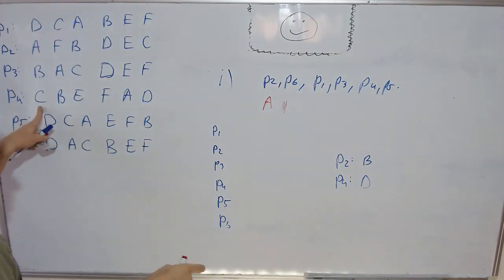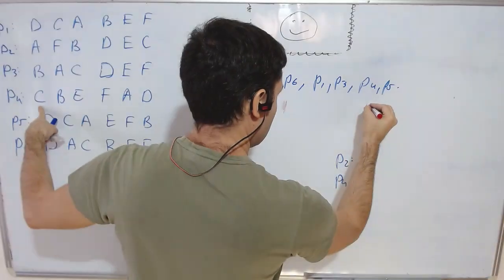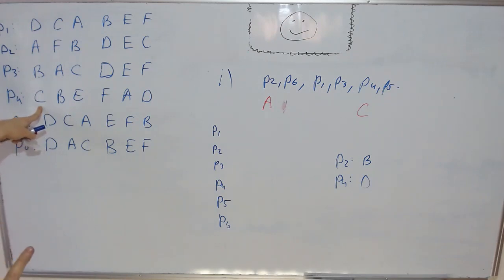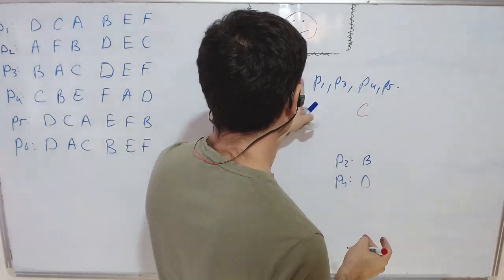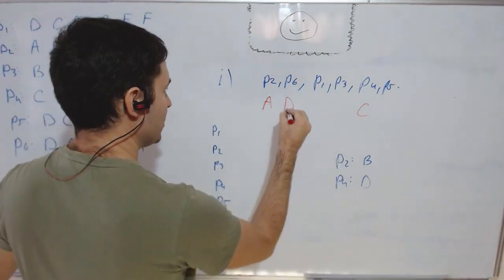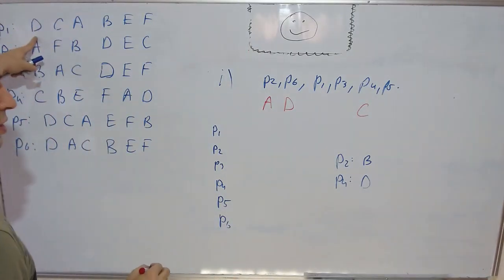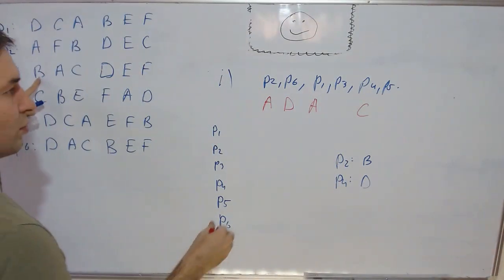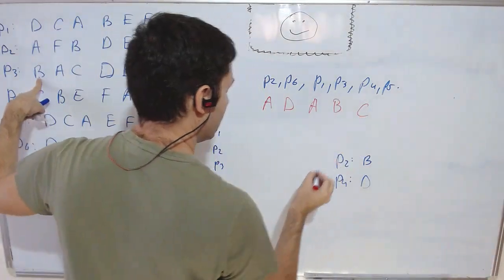So P4 wants C. So he gets C, and he vacates D. So now P4 goes in front of P6. So now P6 goes. He wants D, so he grabs D. P1 wants D, taken, C, taken, A. P3 goes, takes B, and then, oh no, damn.